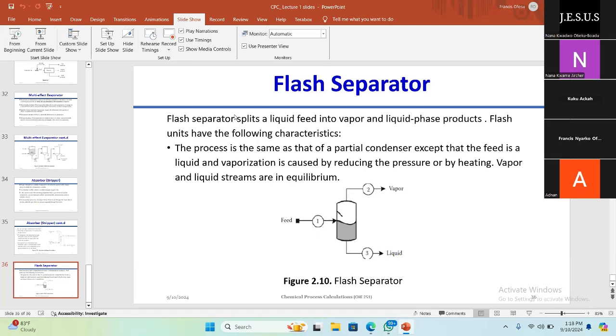It's possible you can separate them using a flash separator. When you separate them, you can get your alkene here and then your alkane here, right? Your alkane, you need it for another process. And then your alkene too, you can feed it back to go and do the hydrogenation again. So you try your assignment and then you compare your answers. You will continue tomorrow.